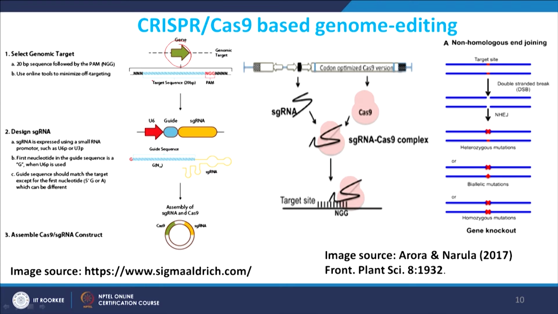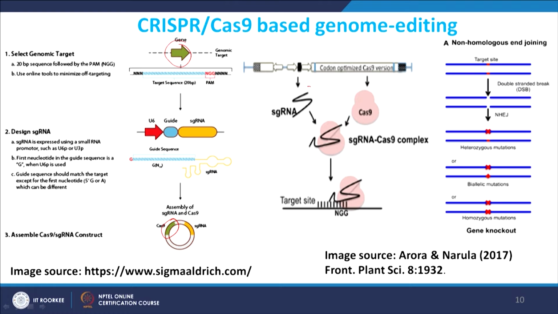You can choose a target sequence typically here, and there is one requirement which is called the PAM sequence. So you can target your region which is near the PAM sequence, and you can generate a guide RNA which is specific for this sequence, and then you clone this guide RNA in a vector. In the same vector you can clone the Cas9 endonuclease protein, and then when you take this and make a transgenic plant, both the partners will express there.